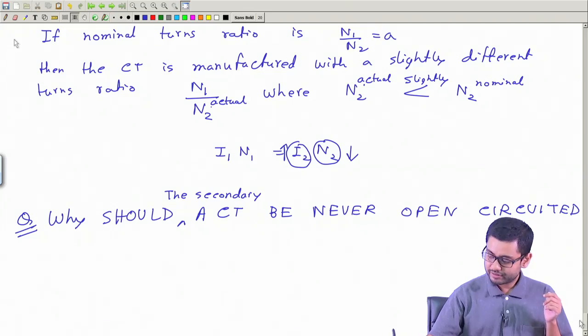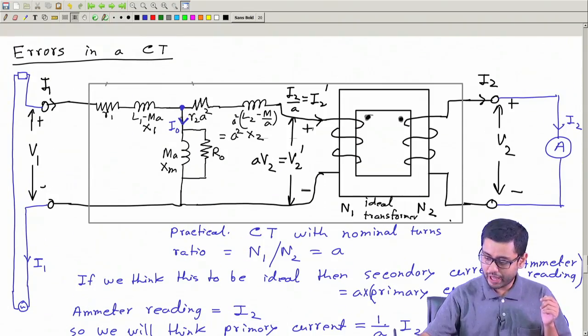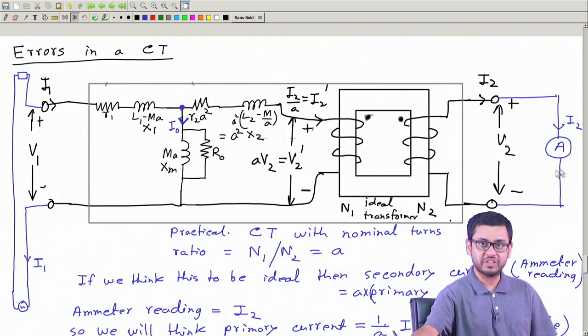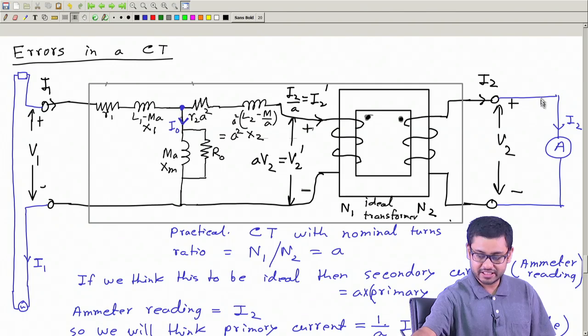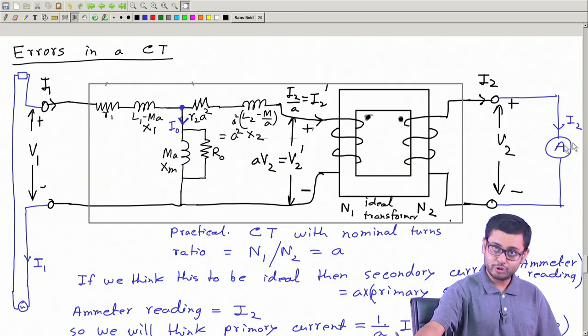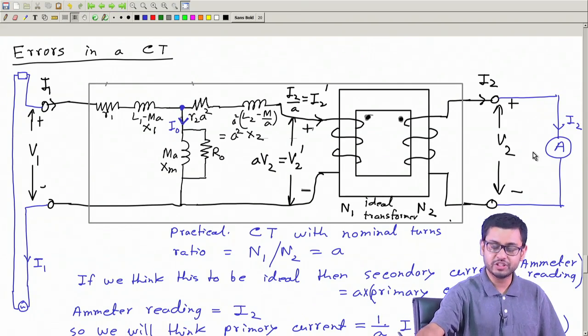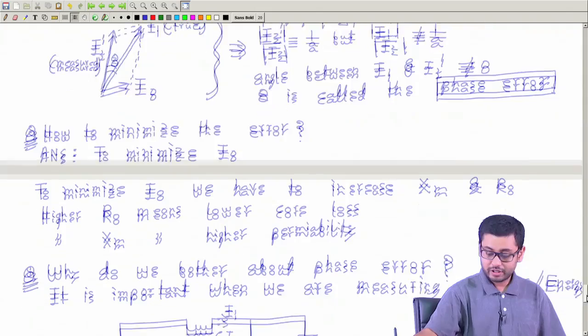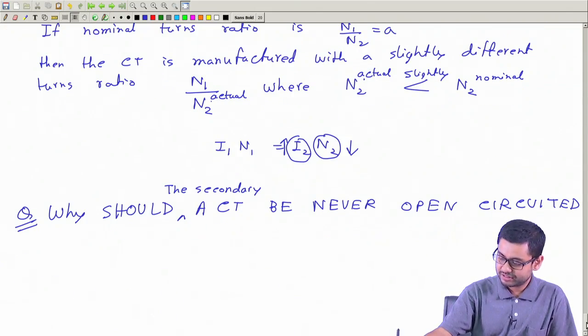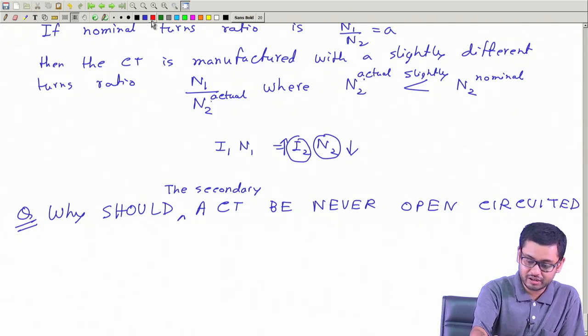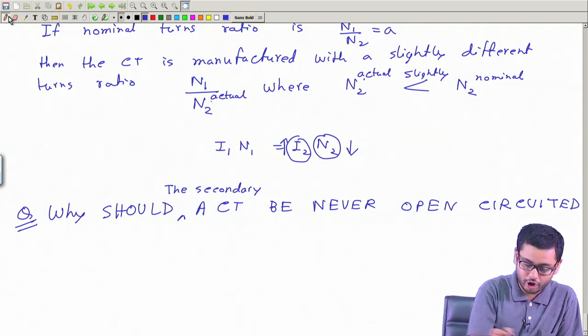If you have to replace this ammeter, then before you open this, you first put a shunt resistance or some shunt impedance, then you open the ammeter, put the new ammeter, and then you remove the shunt. No matter whether you know why or not, never open the secondary of a CT.